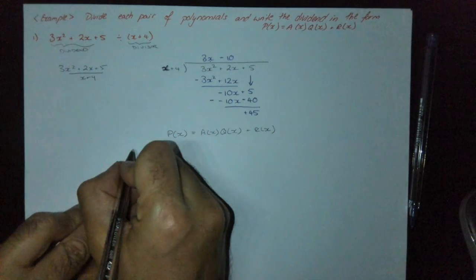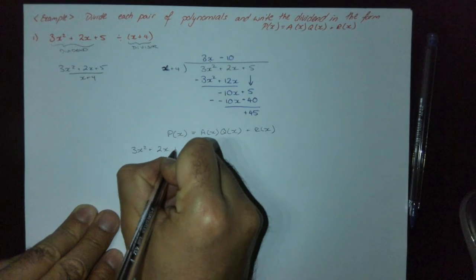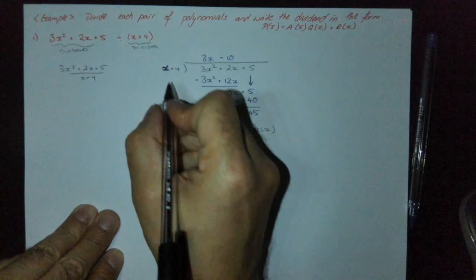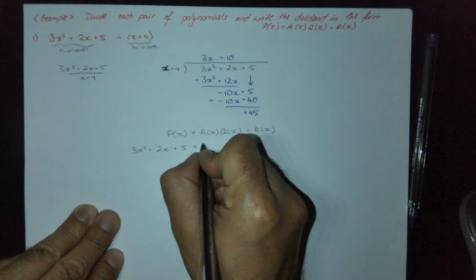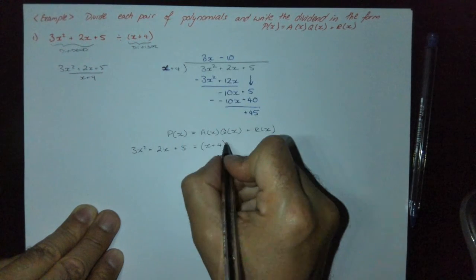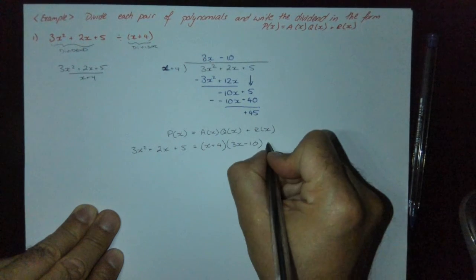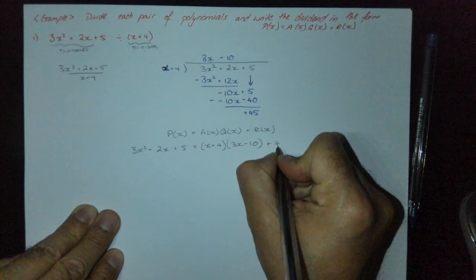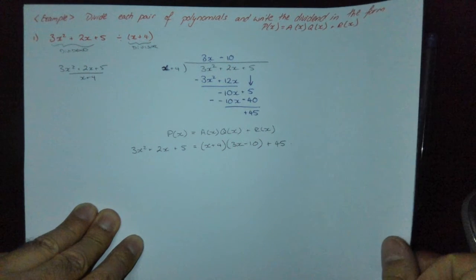So p of x was 3x squared plus 2x plus 5, and that is equal to a of x, the divisor, x plus 4, times the quotient, 3x minus 10, plus the remainder, 45. And that's the solution to that question.